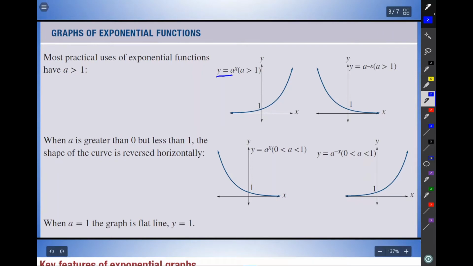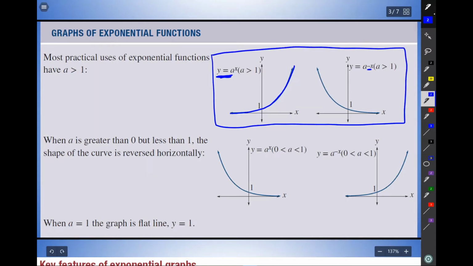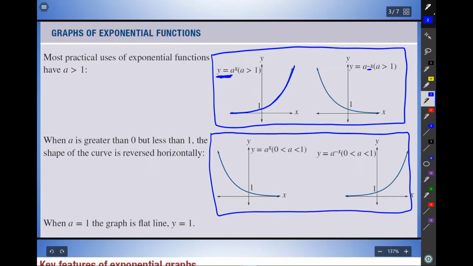When you have the most basic exponential function, you get an ever-increasing curve going up and up and up to the right. If the power of x was negative, you would just flip the direction. And then whatever happens in this scenario, you just basically reverse the directions when you have numbers between 0 and 1.